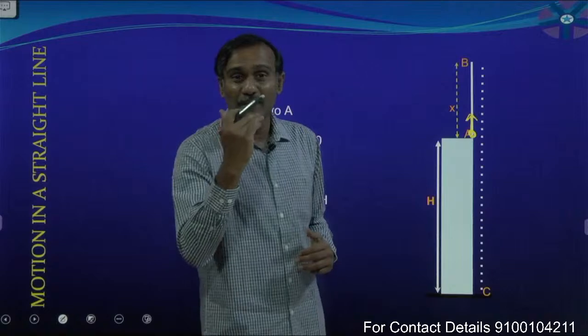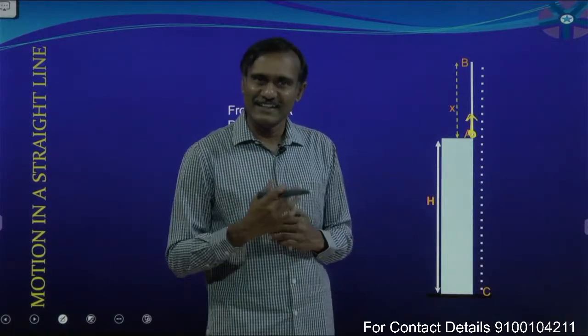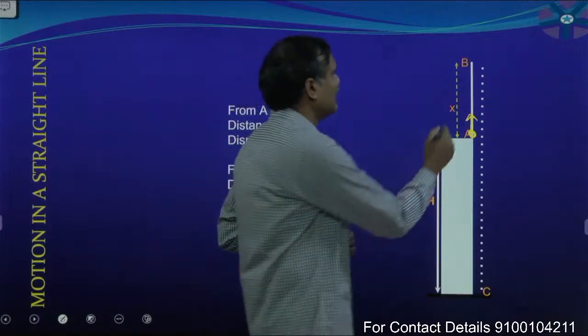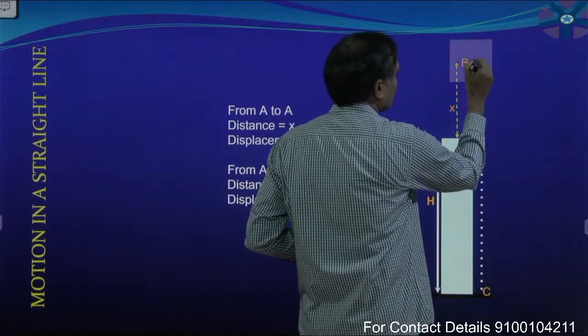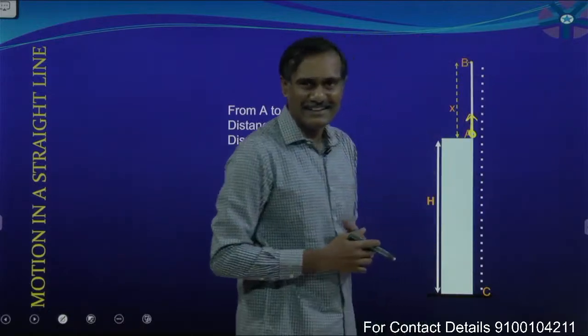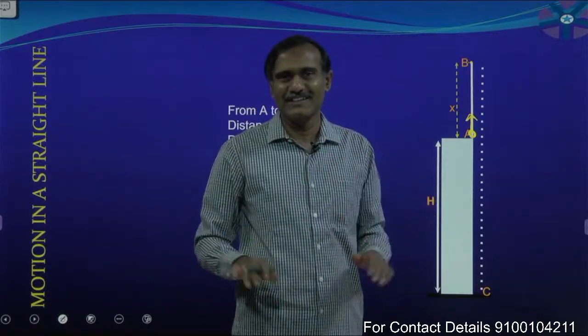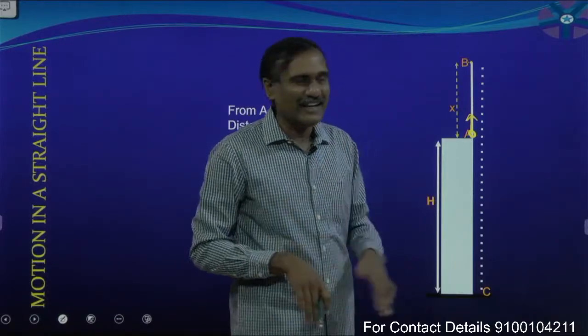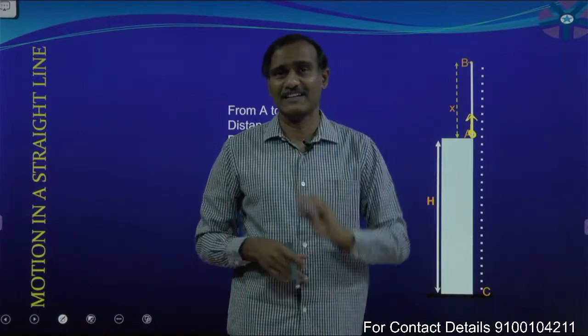As it is moving in the upward direction, what happens to its velocity? It decreases, and it reaches a certain maximum height. After it reaches that maximum height, does it move further in the upward direction? No. Now, what happens to it? It wants to move in the downward direction along the same straight line.